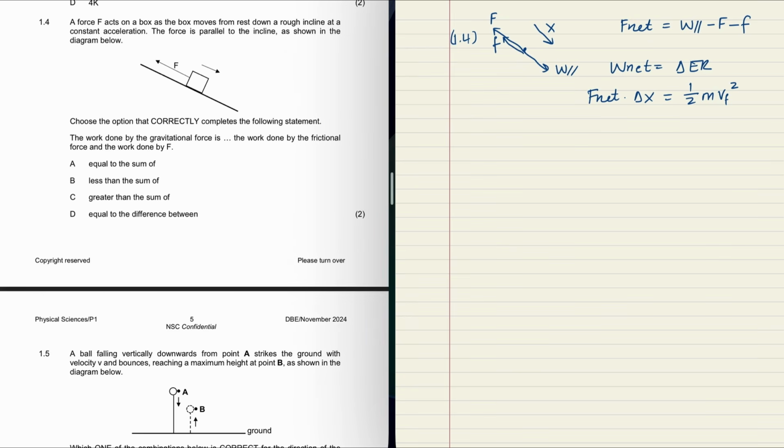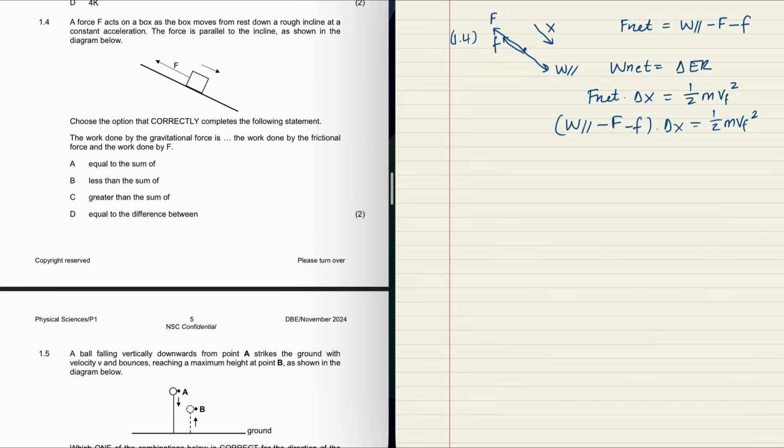Now we know what F net is. F net is W parallel minus the force applied minus friction, and then multiplied by delta x, and that's going to be half m vf squared.